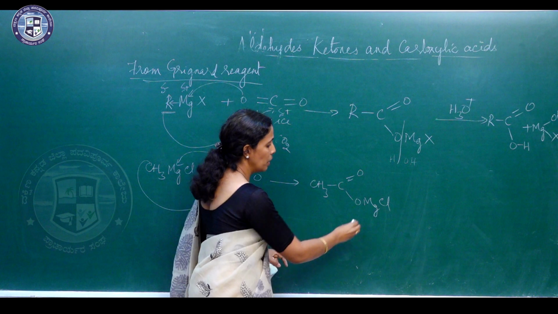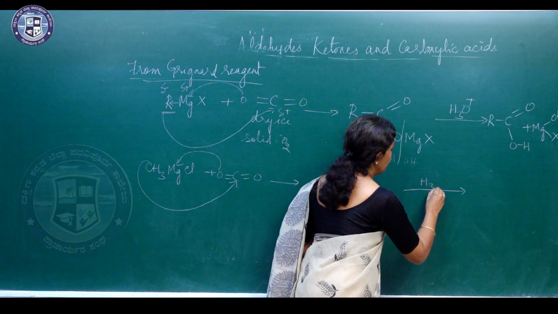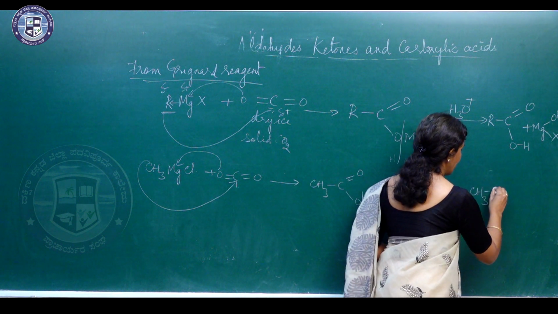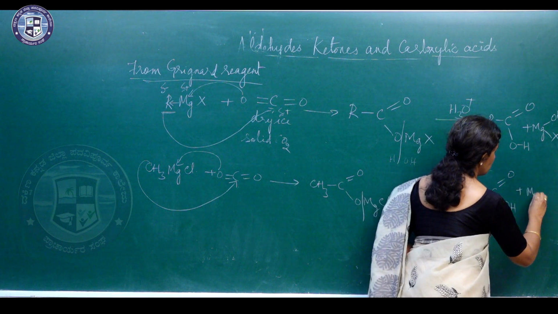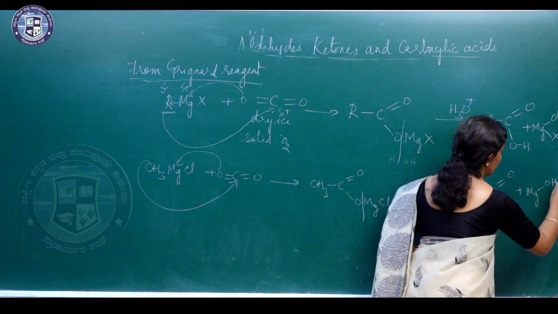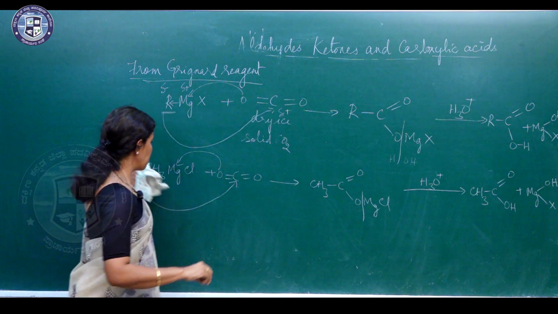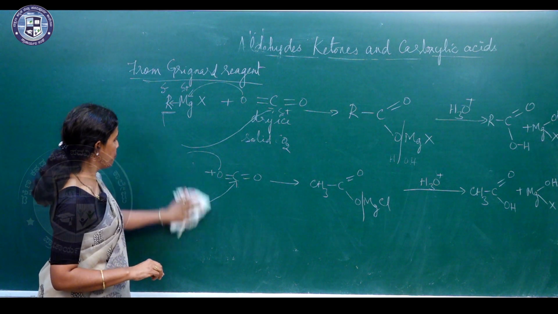So, in the next step this bond is going to cleave, subjected to hydrolysis, the product will be CH3 C double bond O OH and Mg OH and X. So, in this way you can obtain carboxylic acids from Grignard reagent.